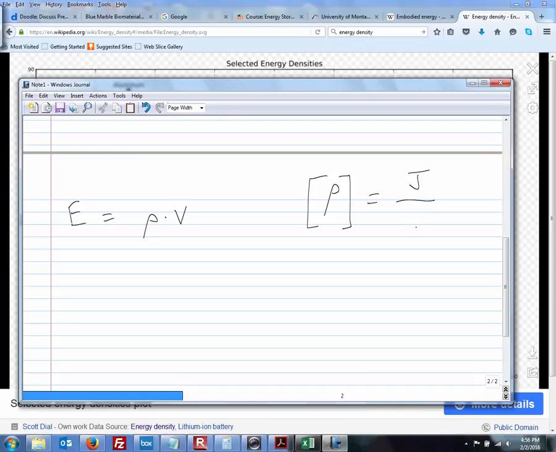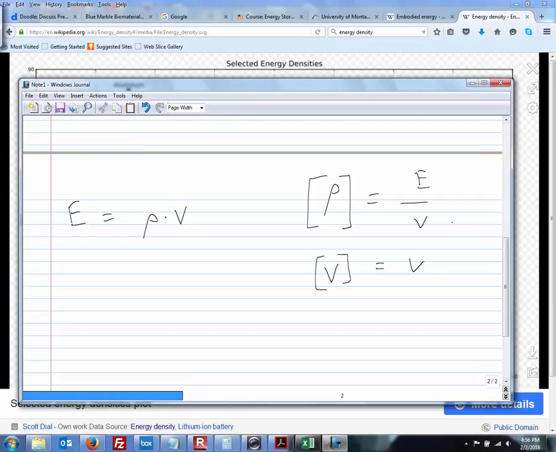Actually no, let's back up one quick second. The dimensions I'm going to use are energy per volume. The dimensions that I'm going to use for volume are just volume.